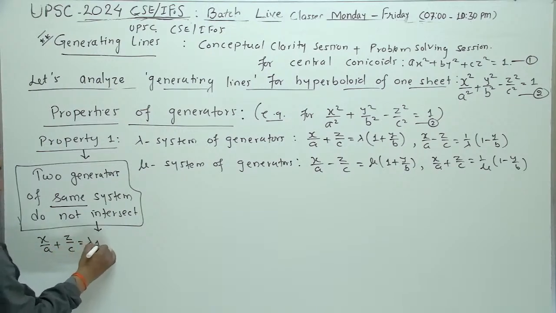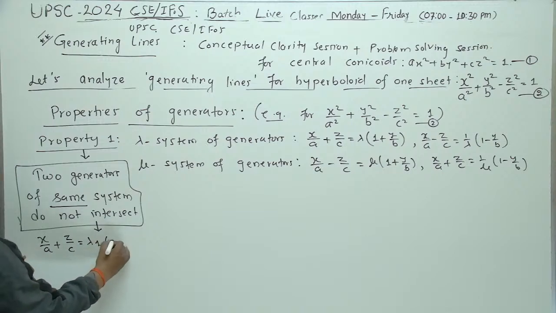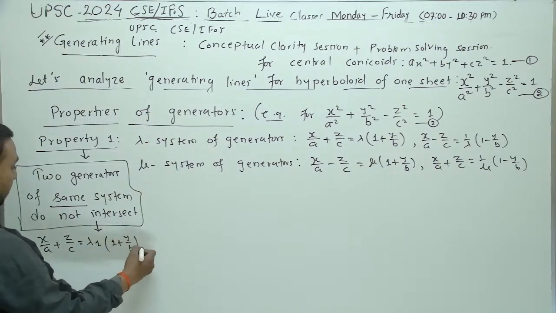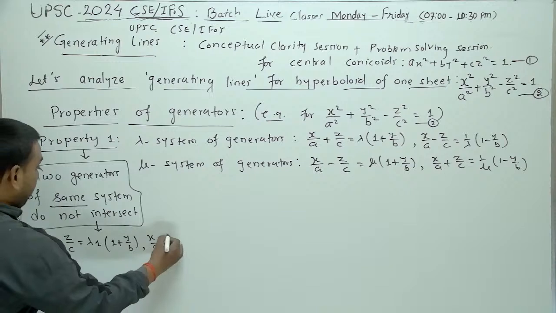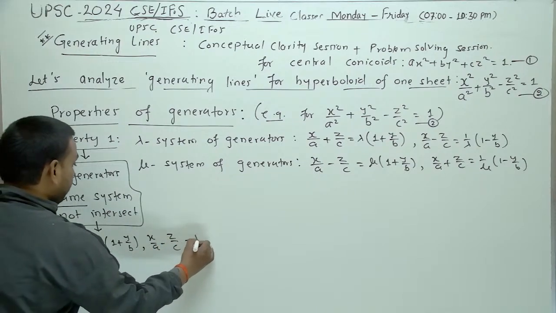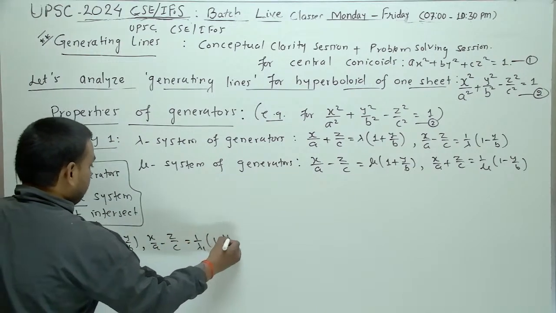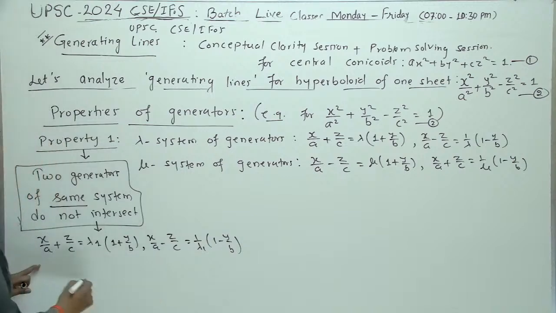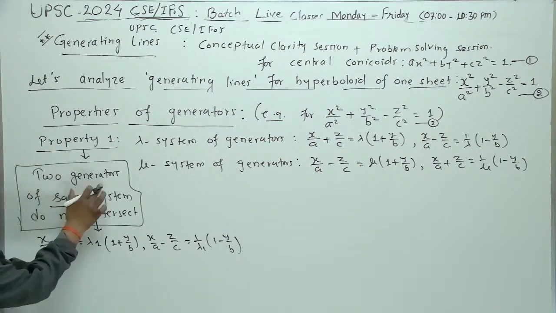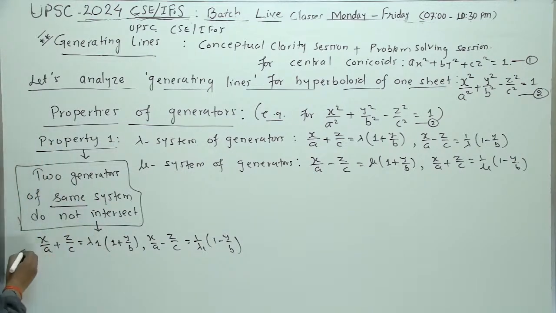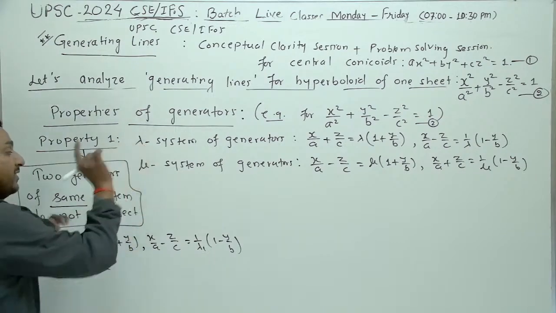So if I talk about two generators of the same system for the hyperboloid of one sheet, suppose I take a parameter lambda 1 plus y upon b, comma. ध्यान से देखिएगा प्लीज. सो दिस इज वन जनरेटर ऑफ लैम्डा सिस्टम. ओके. Let's say I take another generator of the lambda system itself.